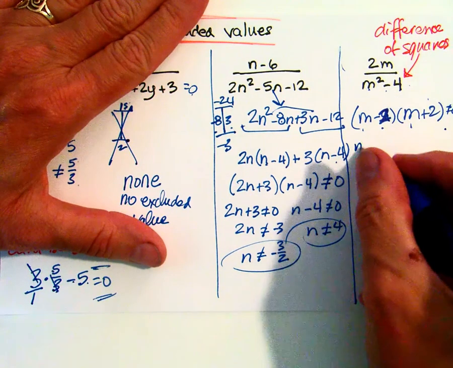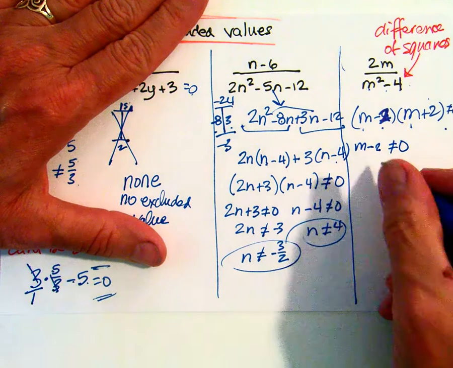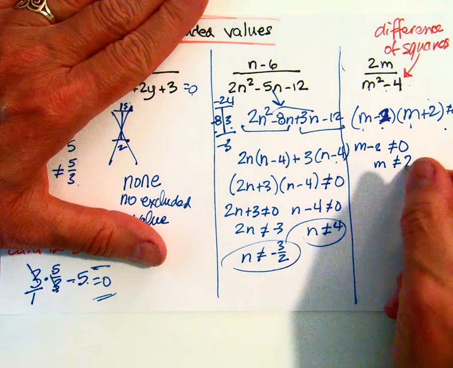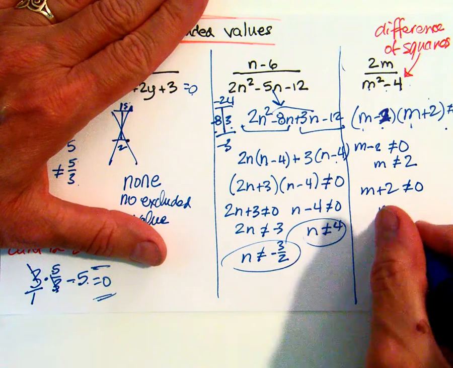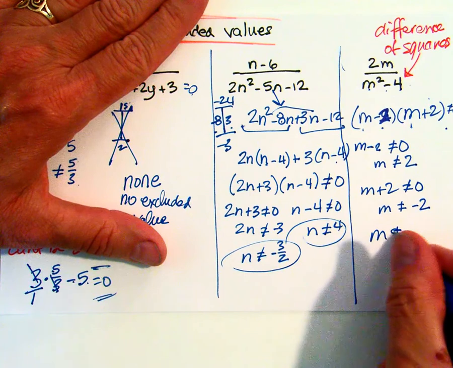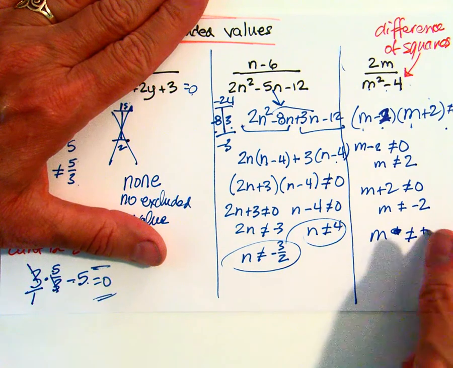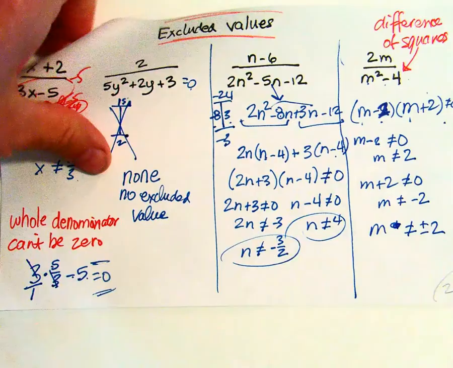That means that either m minus 2 cannot equal 0, which would be m can't equal 2, or m plus 2 can't equal 0, which would be m can't equal negative 2. So m cannot be plus or minus 2. Okay, let's try a few more of them.